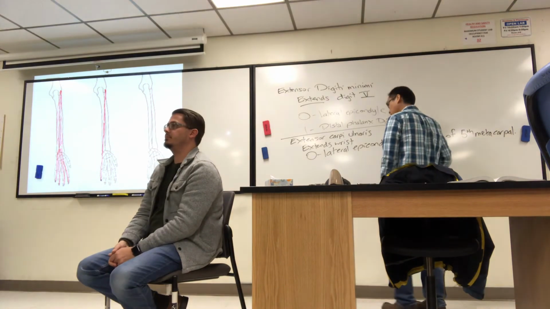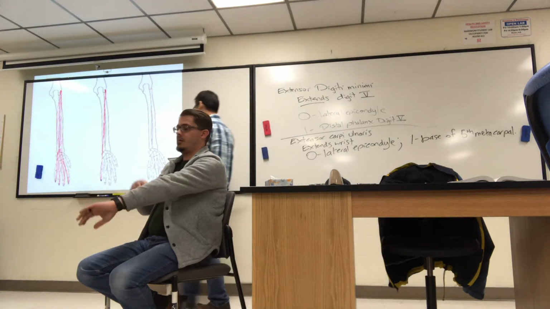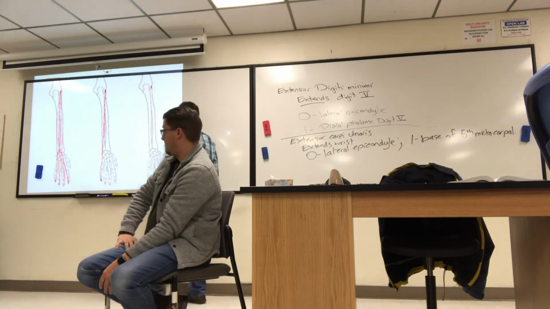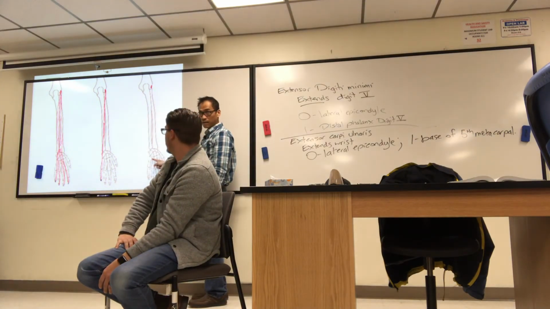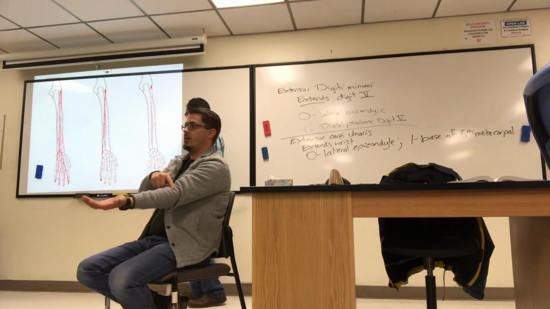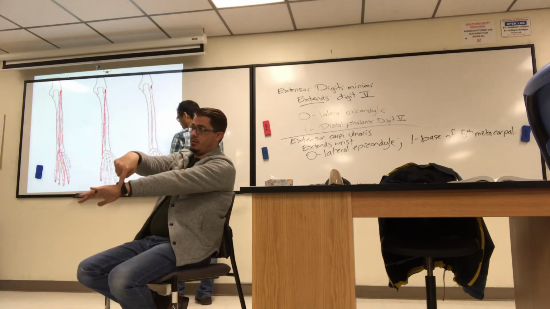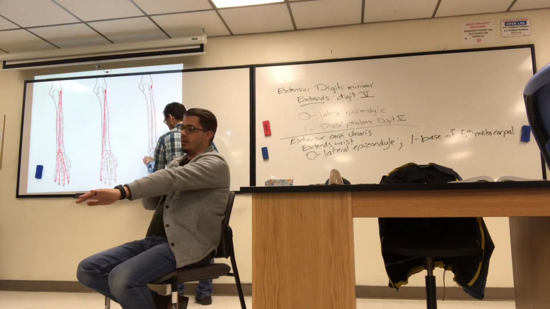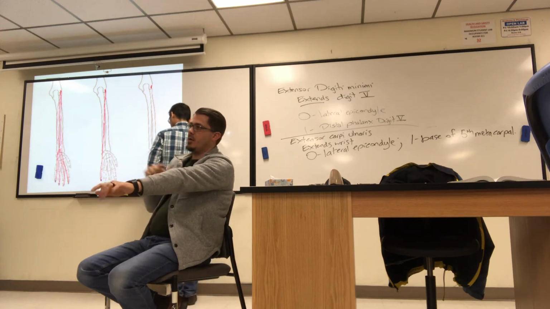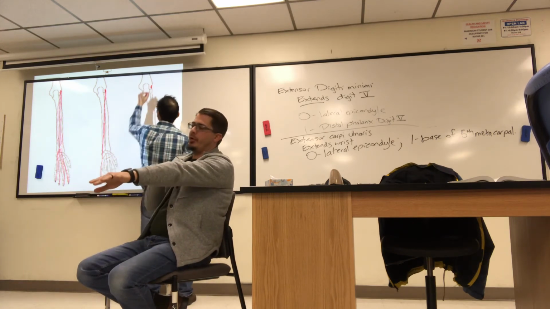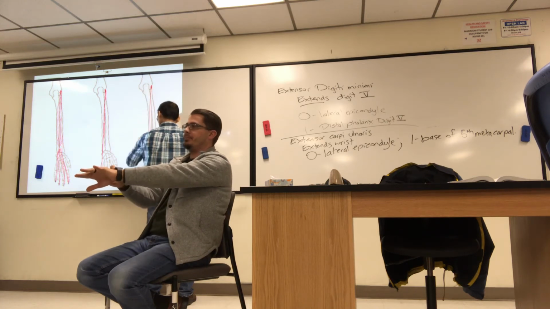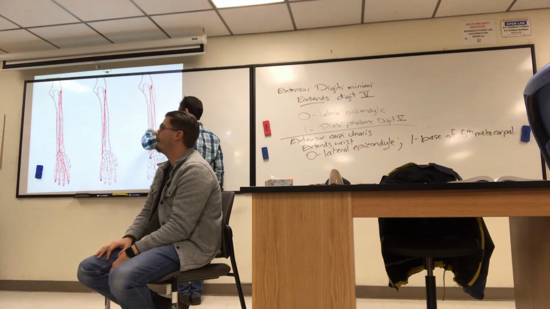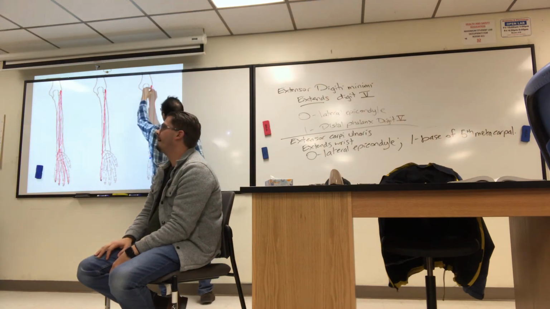So look for it on the ulnar side. It'll originate here again. It's going to go to the other side over here at the base of the 5th metacarpal. It's a bigger muscle. So I try to draw it a little bigger than digiti minimi.